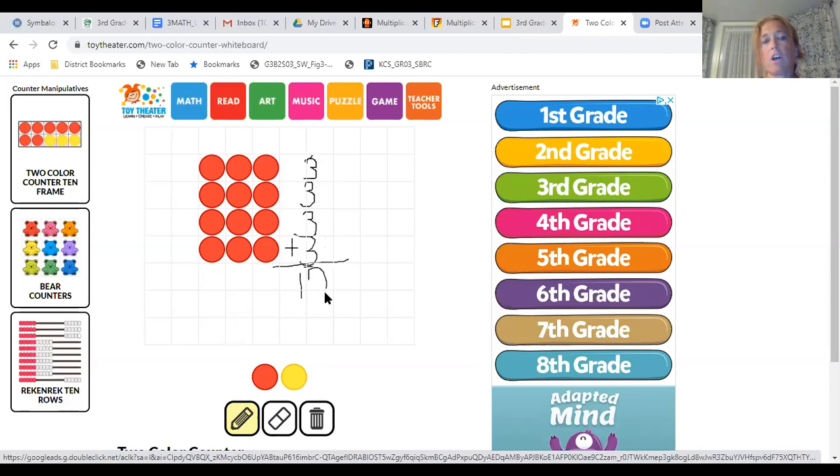All right, so we know that our multiplication problem that we decide on from this repeated addition problem must also equal 12.